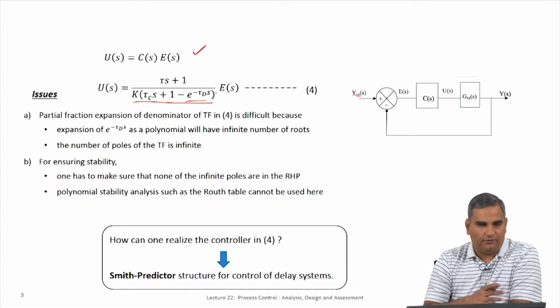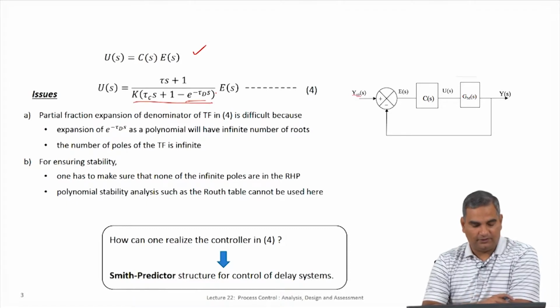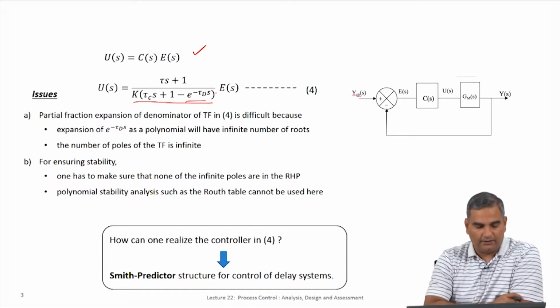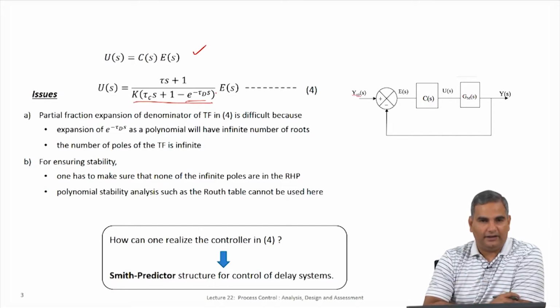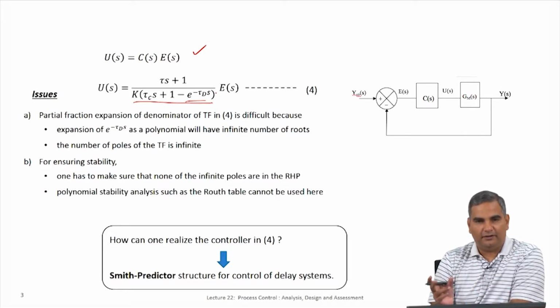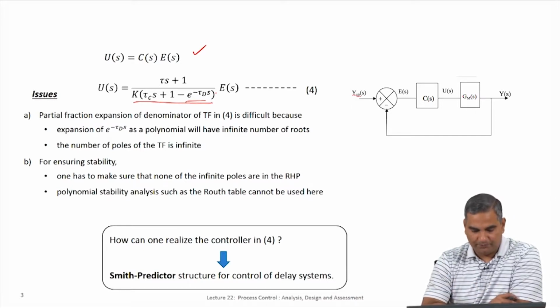And of course, even when partial fraction ideas were not directly possible, we had used the Routh table to think about stability, and if you want to see whether we can actually use the Routh table here, that is also not possible, because for a Routh table, even if the denominator is not in the root resolved form, we can only work with finite polynomials, whereas here, because we can keep expanding e^(-τ_d s), the polynomial terms are also not finite. So, doing the Routh table is also not possible.